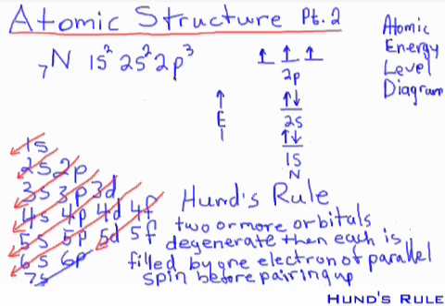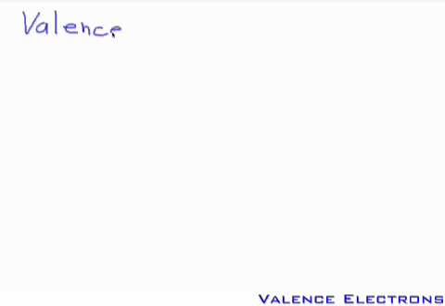and energy level diagrams. Now, before I give you a homework problem, I'd like to define one more thing. I'll just get rid of all this. And that is valence electrons, because that's going to be pertinent to our next lecture, and they're going to be important to consider. One of the approaches to understanding bonding involves the concept of valence electrons.